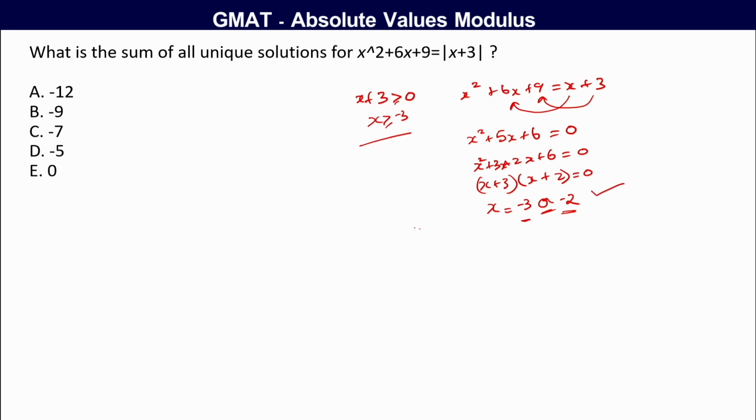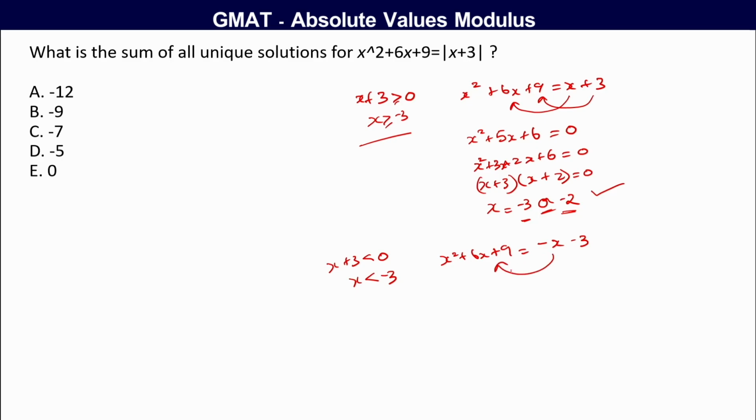Now, let us look at when x plus 3 is less than 0, that is x is less than minus 3. So we have x squared plus 6x plus 9 is equal to, we multiply it by minus 1 when we are turning a negative number into a positive value.